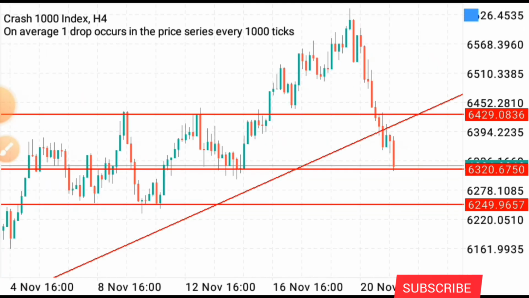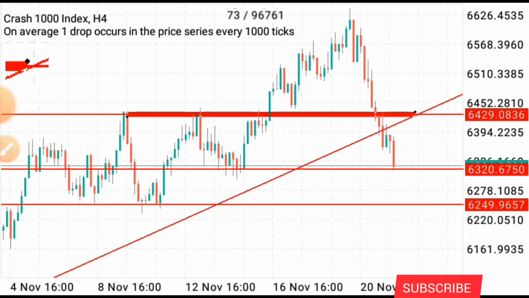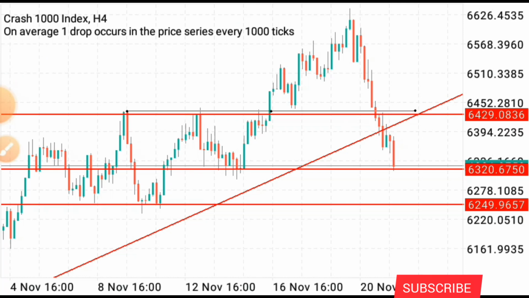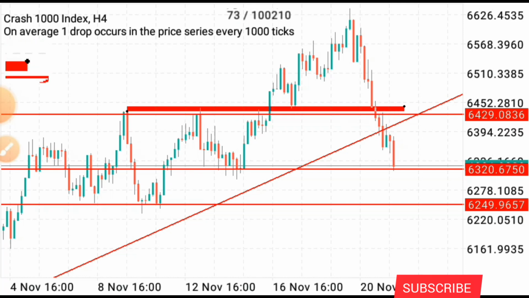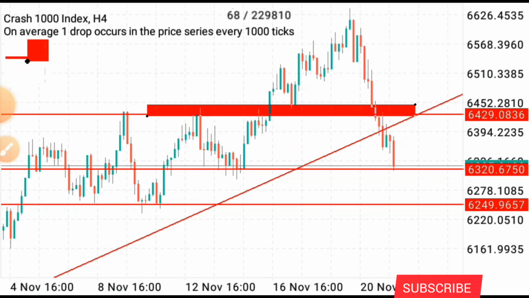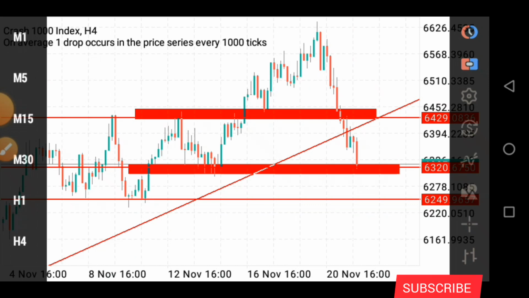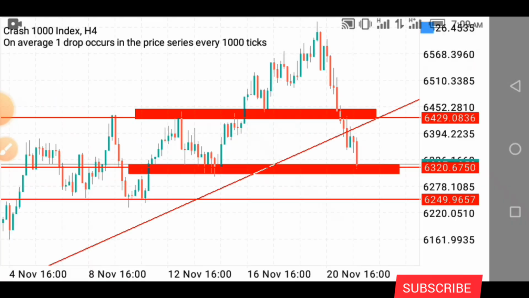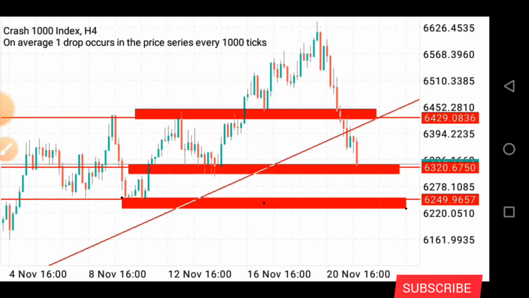So what I do next, I mark out the zones. Alright, so I've marked this. Let me bring out my tool again. Okay, and let me mark the third one now.